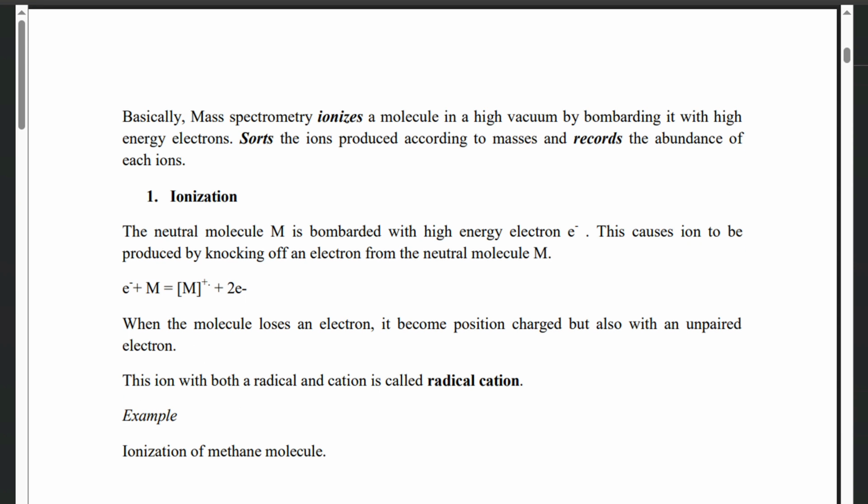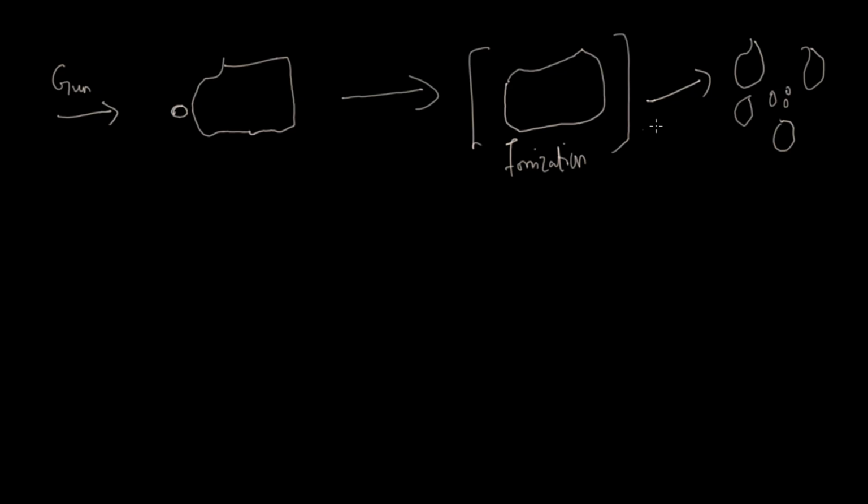So let's see the next thing. Mass spectrometry ionizes a molecule in a high vacuum by bombarding it with a high energy electron. You then sort the ions produced according to their masses and record their abundance. Once ionization has taken place, we have fragmentation.